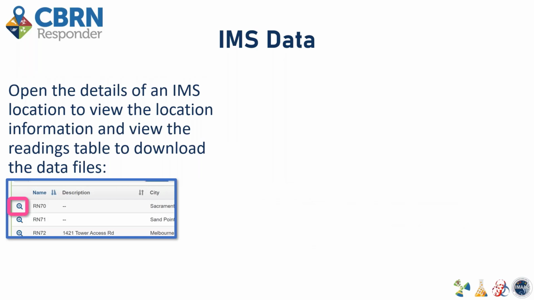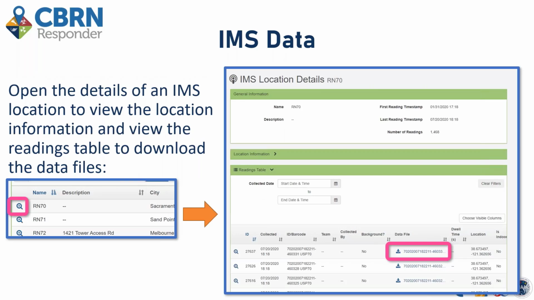You can open up the individual IMS locations, view the reading table, and you can actually download those data files yourself. So that download icon there with the associated data file, that's available for you all to download for your external use.